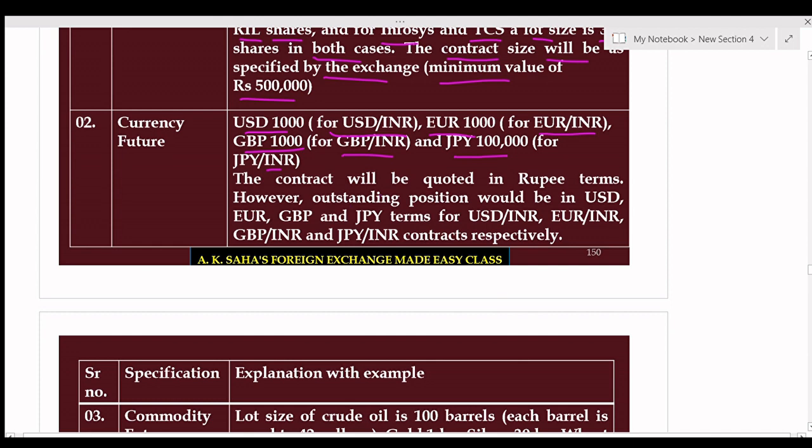The contract will be quoted in rupee terms; however, the outstanding position would be in USD, Euro, GBP and JPY terms for USD INR, Euro INR, GBP INR and JPY INR contracts respectively.